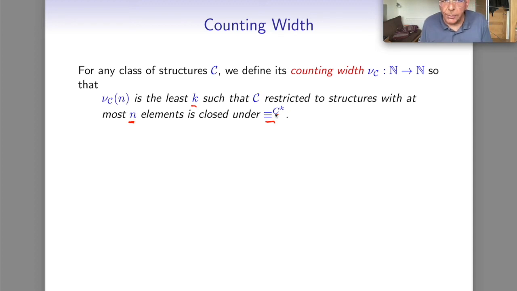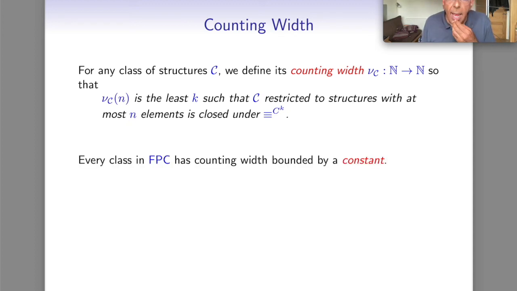That's now a function. And the fact that every sentence of FPC translates to an infinite collection of sentences of CK really says that this function, the counting width, of any class definable in FPC is bounded by a constant.